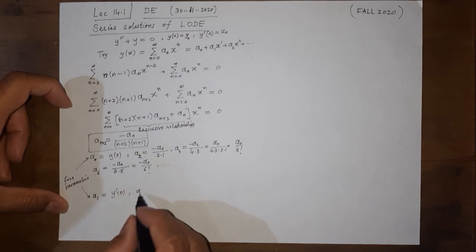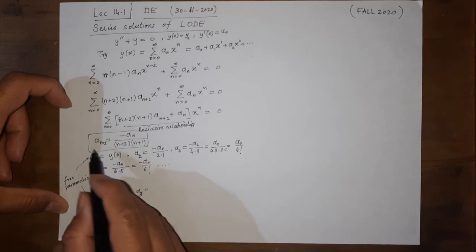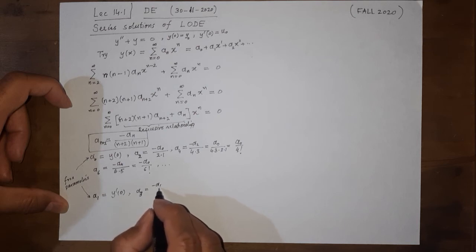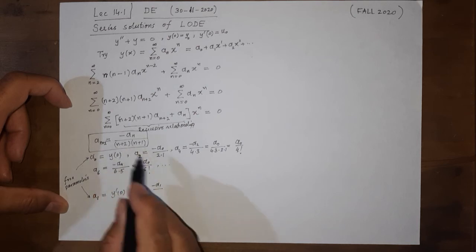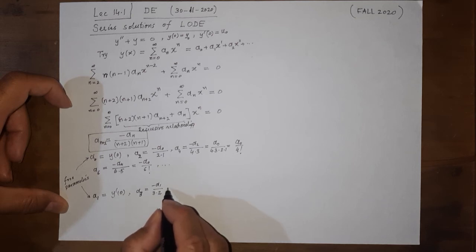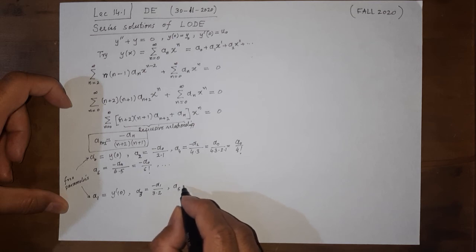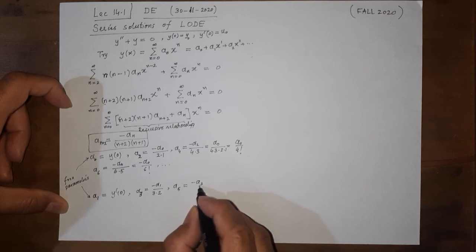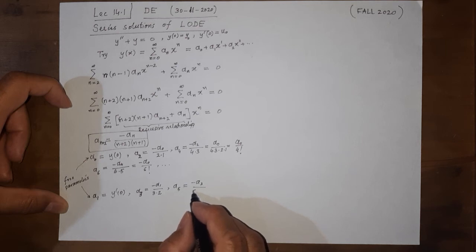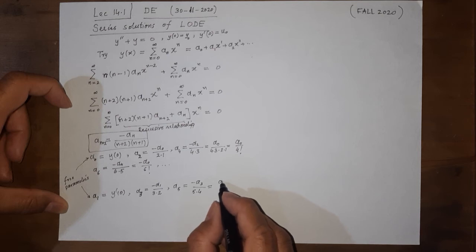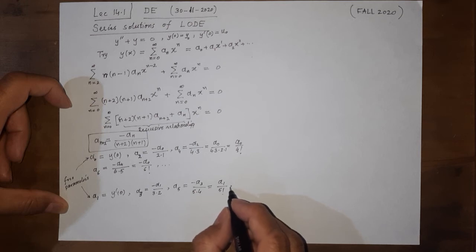So in a similar way, a1 is given, and a3, for n equal to 1, is minus a1 over 3 into 2, and a5 would be equal to minus a3 over 5 into 4, and a3 is this thing, so we get a1 over 5 factorial, and so on.